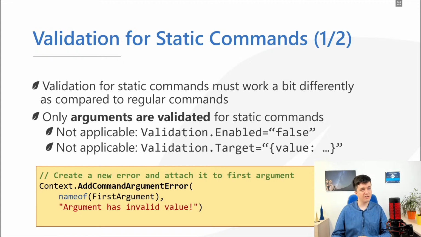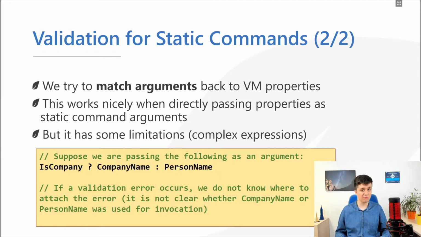Because we already have an established mechanism for attaching validation errors to individual properties inside your viewModel, so you can do further operations whenever there is an error attached. So of course we will try to reflect these validation errors based on the paths or expressions that you provided to us, to map them or match them against the viewModel.